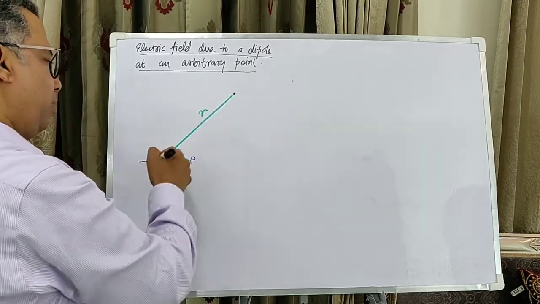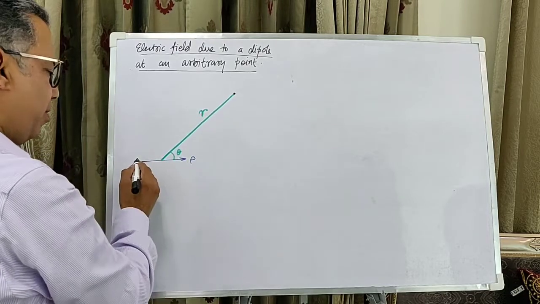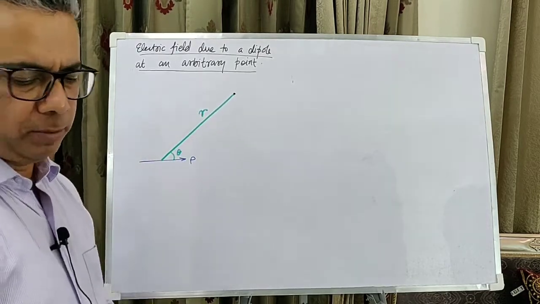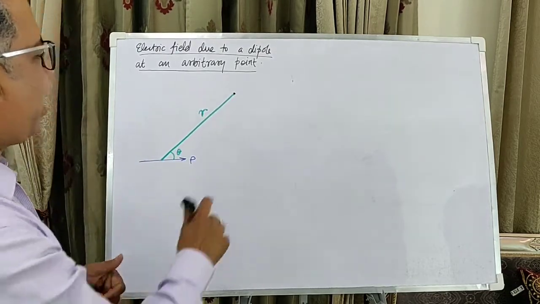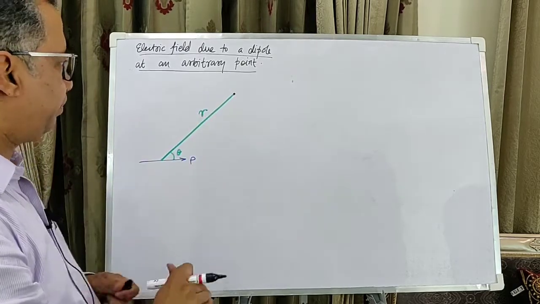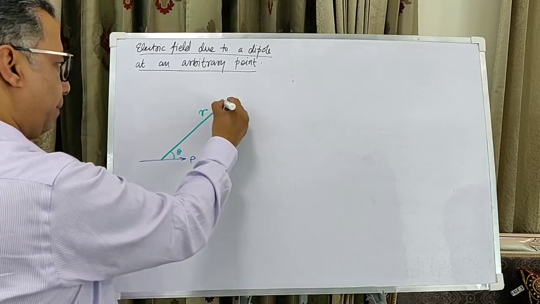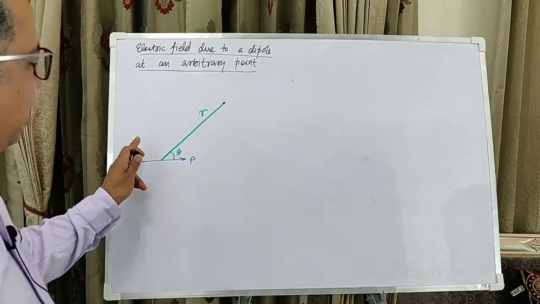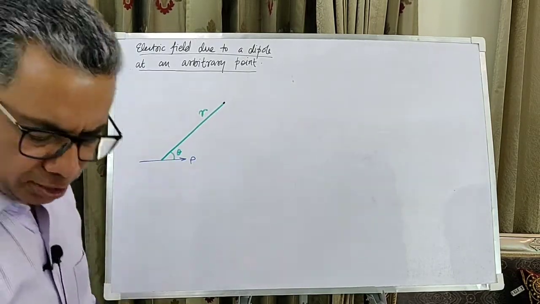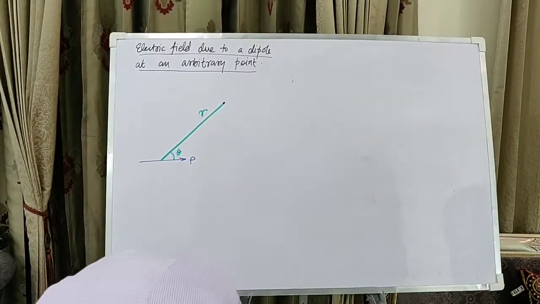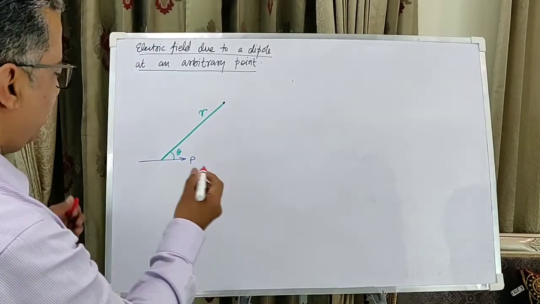The value of r is very large compared with the length of the dipole, which is typical. Now, to calculate the electric field here, I'll resolve this dipole into its two components.